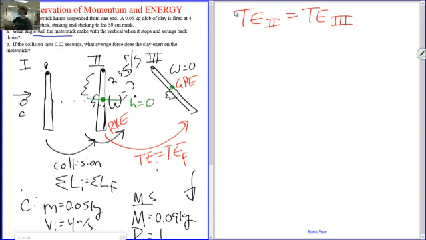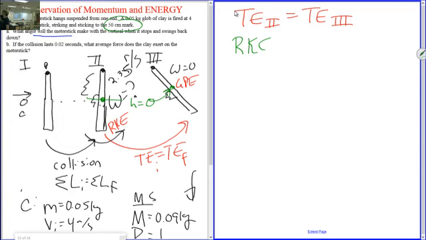Our center of mass is going to go up, right? Also, notice that because the clay is hitting the center of the meter stick, the center of mass is always the center of the meter stick. So that means the rotational kinetic energy in drawing number 2 is equal to the gravitational potential energy in drawing number 3.